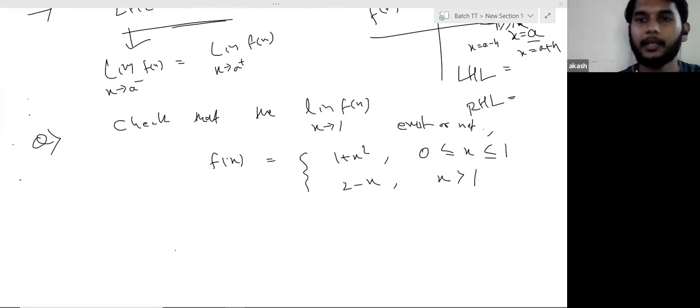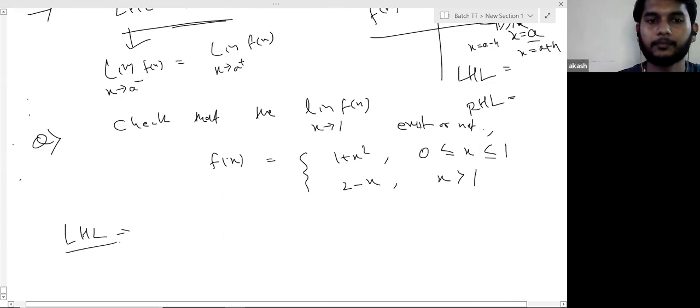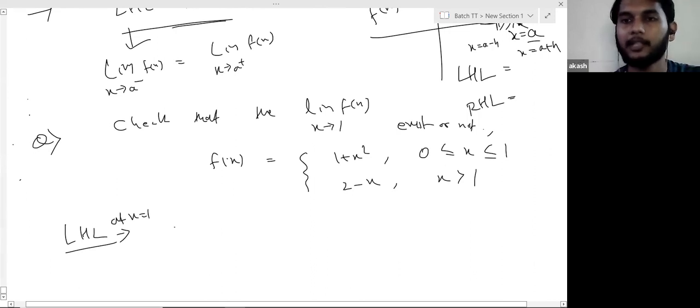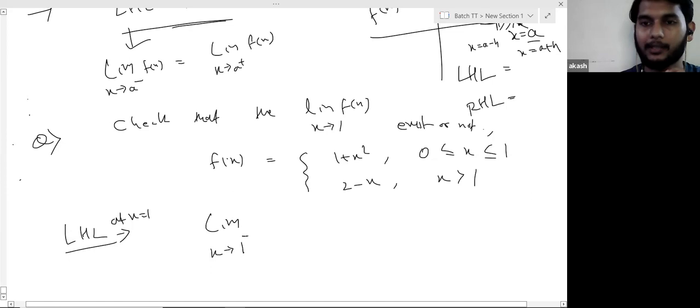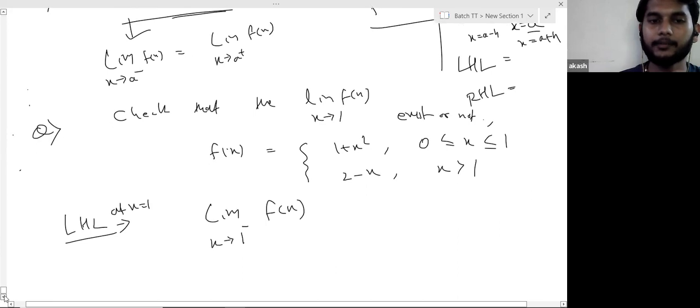First we have to find LHL at x equals 1. Here the value of a is 1, right? We are checking the limiting value at 1. So for LHL, we write the limit as x tends to 1 minus, slightly less than 1, of f of x. Is that clear? Yes.